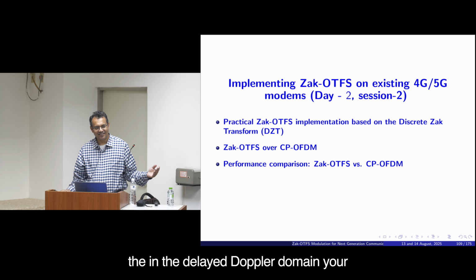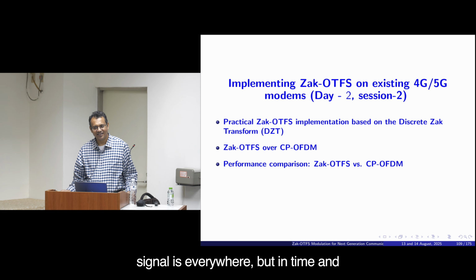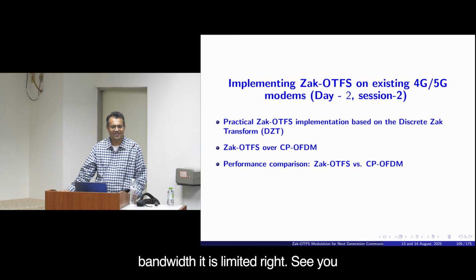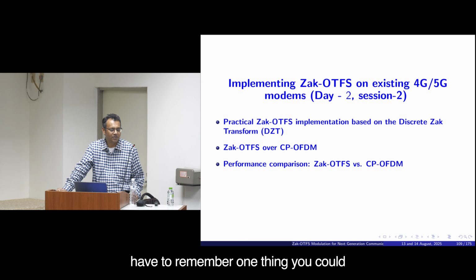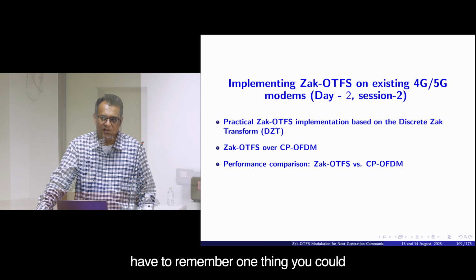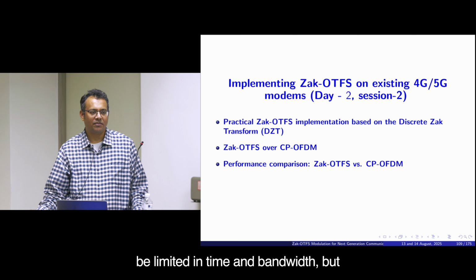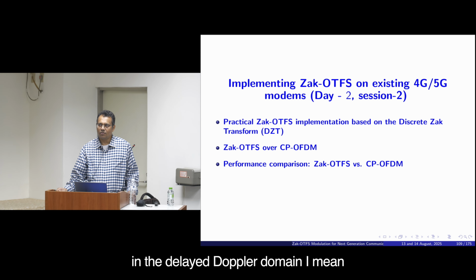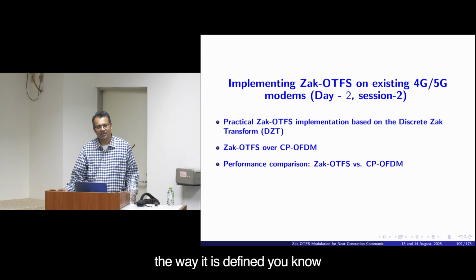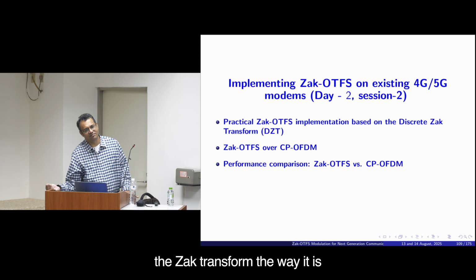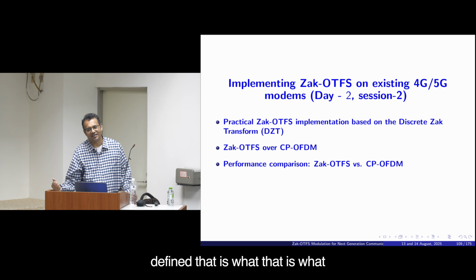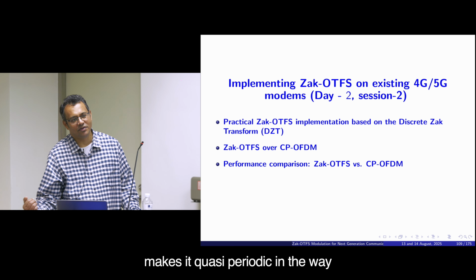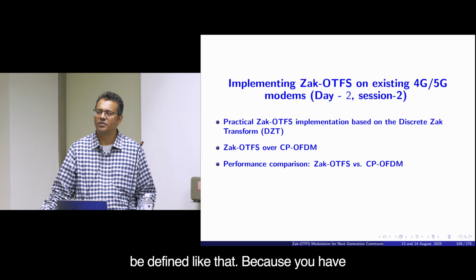Why is it that in the delay Doppler domain your signal is everywhere, but in time and bandwidth it's limited? You have to remember one thing. You could be limited in time and bandwidth, but in the delay Doppler domain, the way the Zak transform is defined is what makes it quasi-periodic, and I think there is a reason for it to be defined like that.